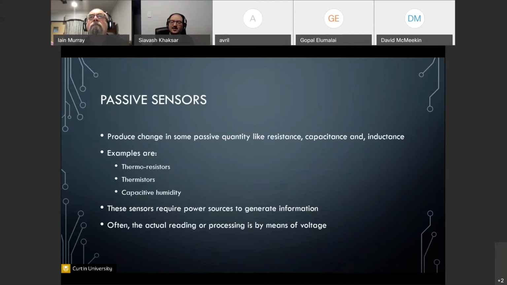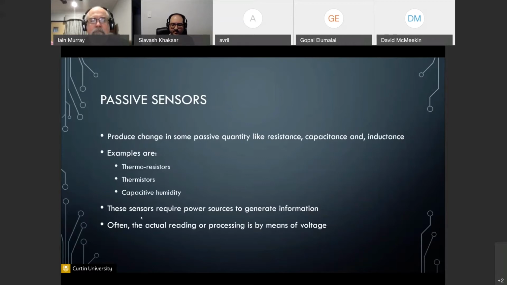At the end of the day, when you want to work with a sensor, it boils down to seeing what raw value you're reading from it, and then how you can convert that to an actual environmental change like temperature or pressure. Examples are thermoresistors, thermistors, capacitive humidity sensors, and similar.